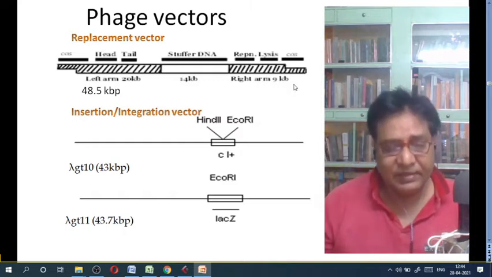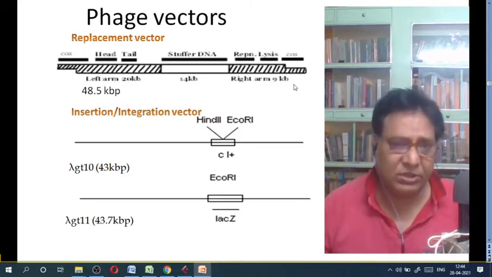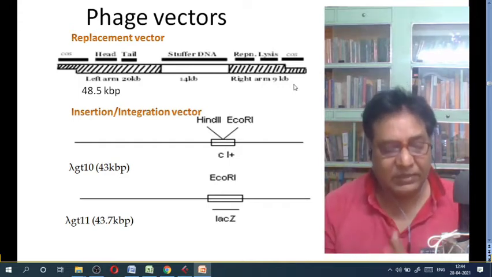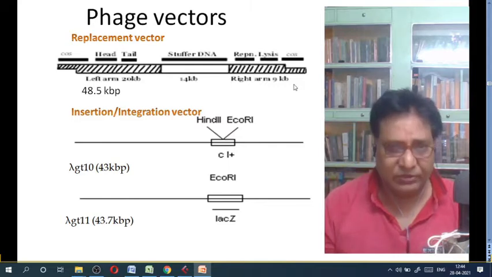The inserts have similar ends, so they may also get ligated one after another, forming a very long molecule. But they don't have the cos site, so they are not going to be packaged, and they don't have the other genes either.